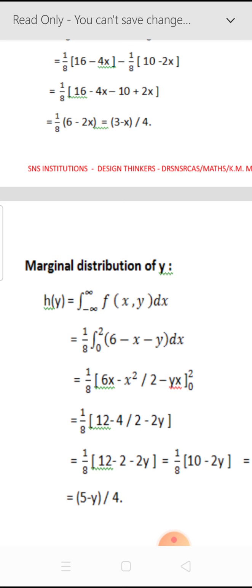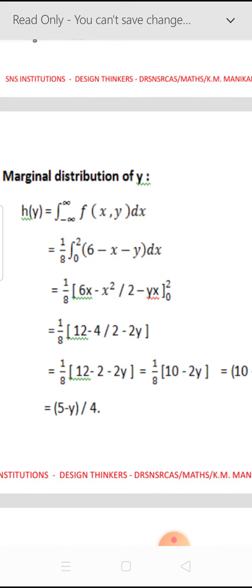Applying the upper limit for x as 2 and lower limit for x as 0, we will get the final answer as 5 minus y by 4.